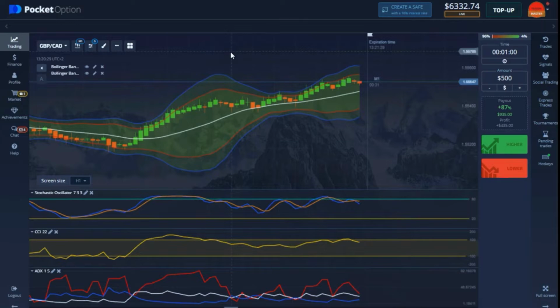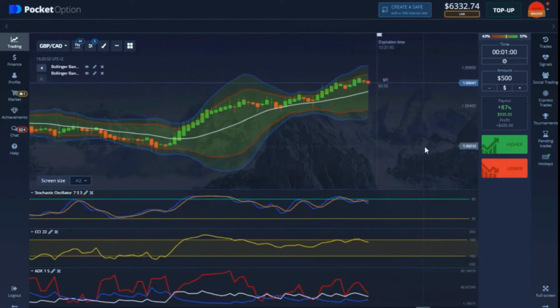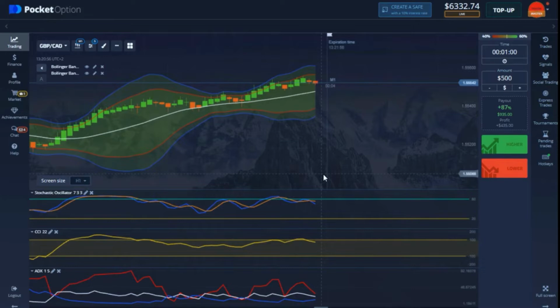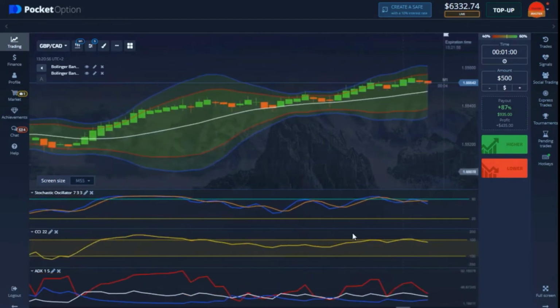Right now let me explain very quickly how this strategy works before I go ahead to take a trade. The number one thing we're looking at on this particular strategy, the major thing I want you guys to take note of, is the ADX indicator, the last indicator here. We are only taking a trade when all the ADX lines match each other.